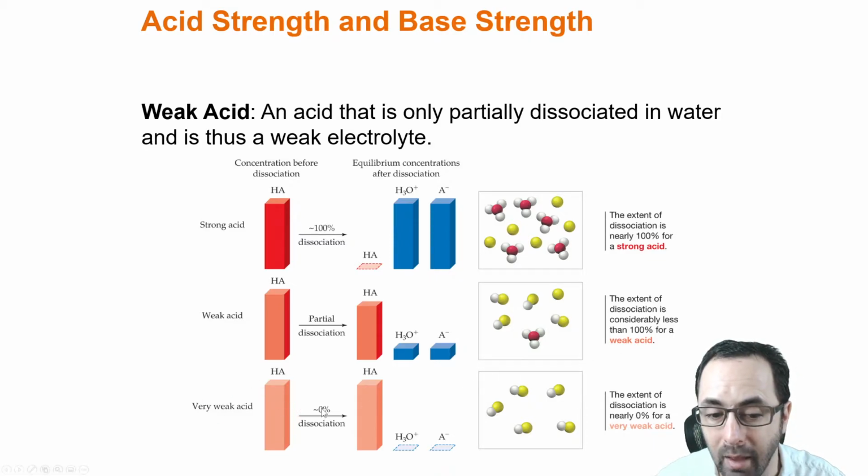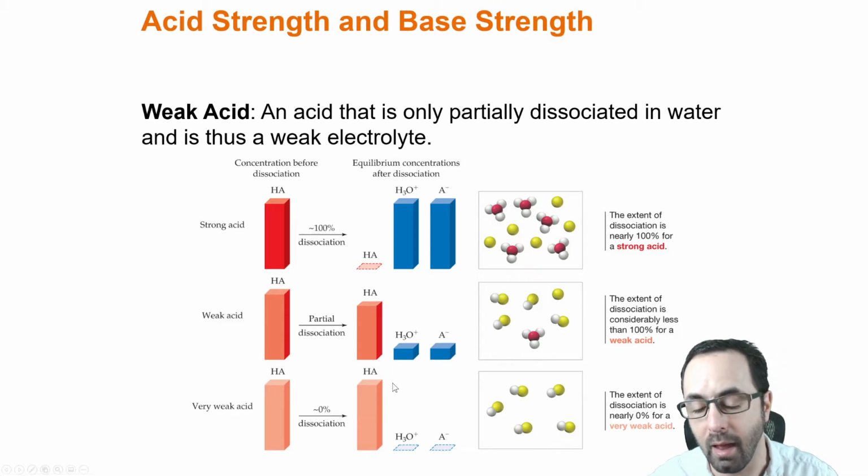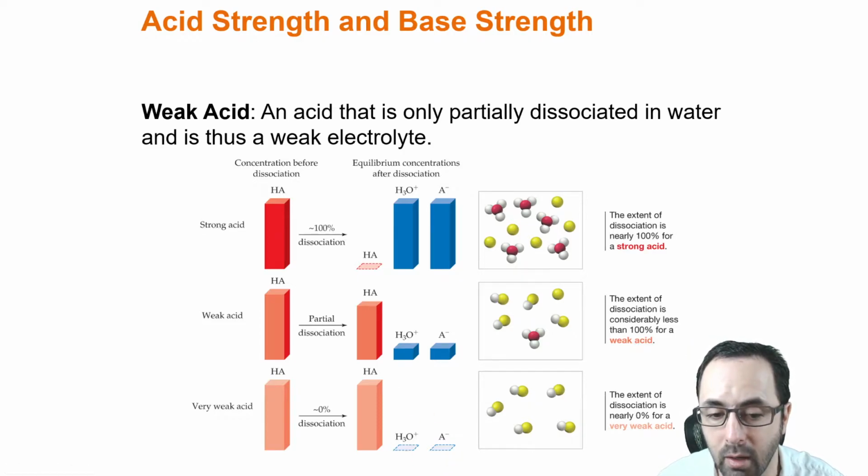For a very weak acid, we may have almost no dissociation, and so all of these will remain as the H plus still attached to the A minus. It will not separate. So we'd like to think about what is a weak acid versus a very weak acid.